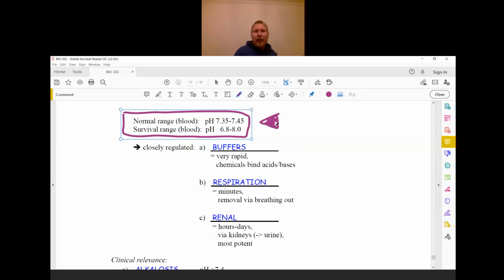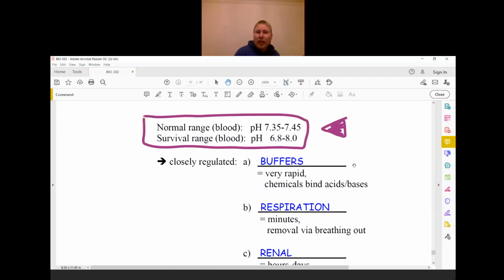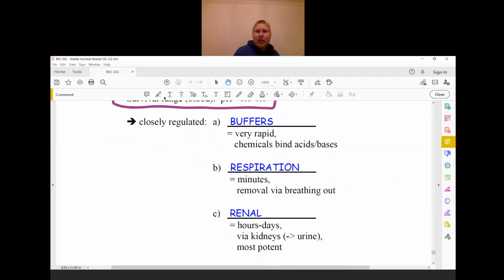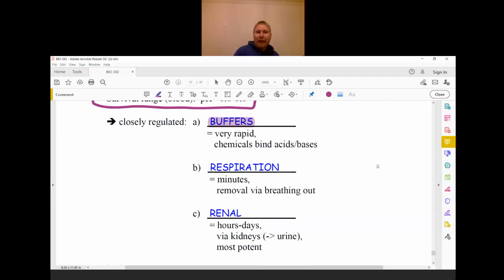That's a narrow range, so that's quite an accomplishment for our body to be able to maintain the pH within such a narrow range. So let's have a look at how this is possible. There are 3 ways we can do this, and these 3 can all work and play a role.